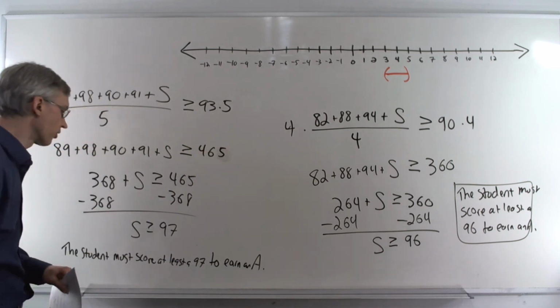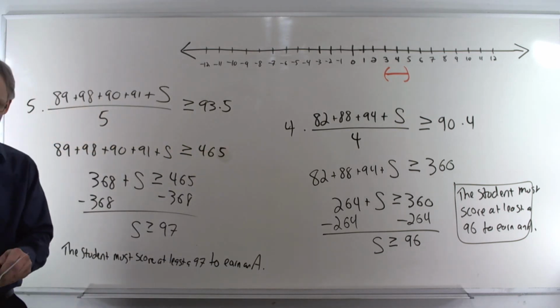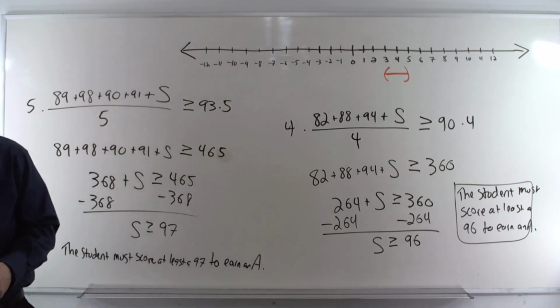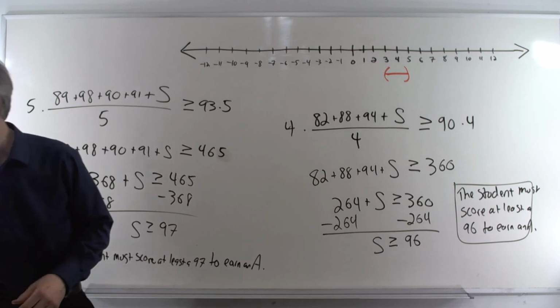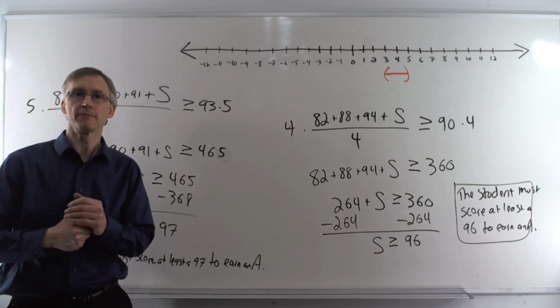So that student must score at least a 97 to earn an A. That's it for this lesson. That wraps up Unit 3.